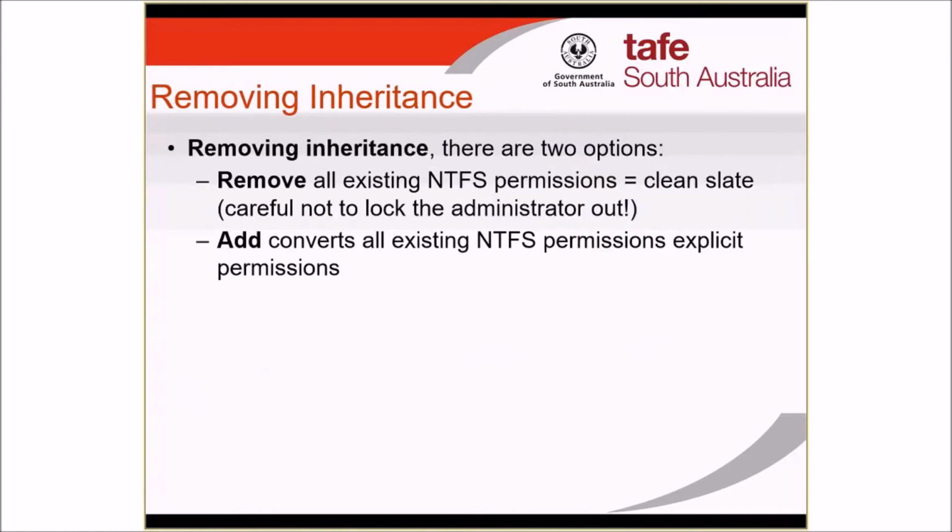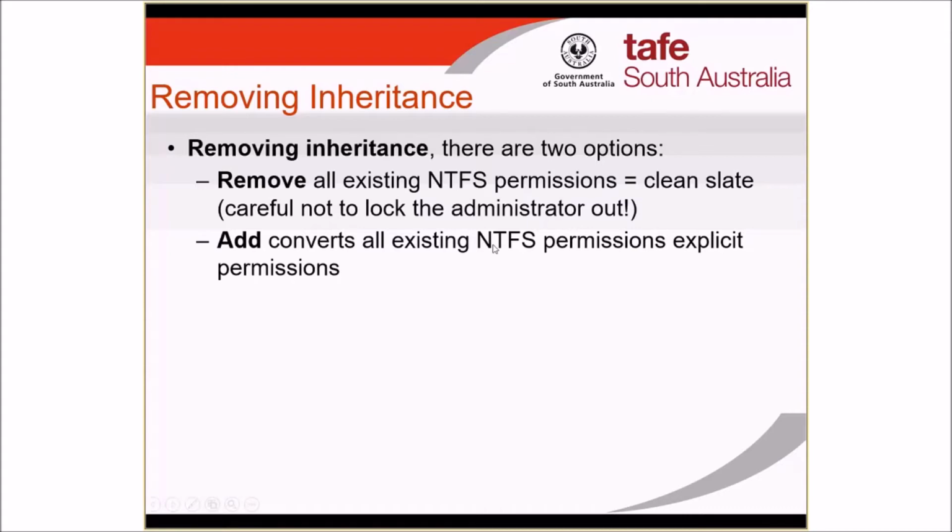Okay, there are two options for removing inheritance. I'll show you how to remove inheritance in a minute, but there are two choices. When you remove it, you can remove all NTFS permissions, which basically gives you nothing in the list. You start off with a clean state.